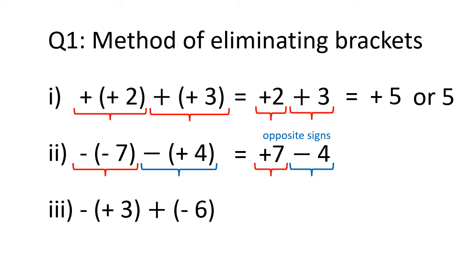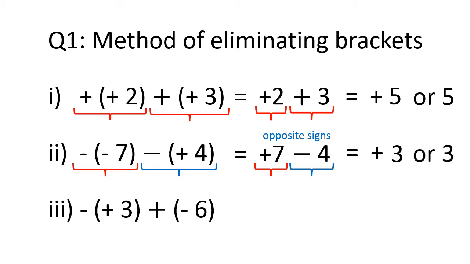Since 7 is greater than 4, and the sign of 7 is positive, the answer's sign will also be positive. And the amount is the difference between 7 and 4. 7 minus 4 is 3. So the answer is positive 3 or simply 3.